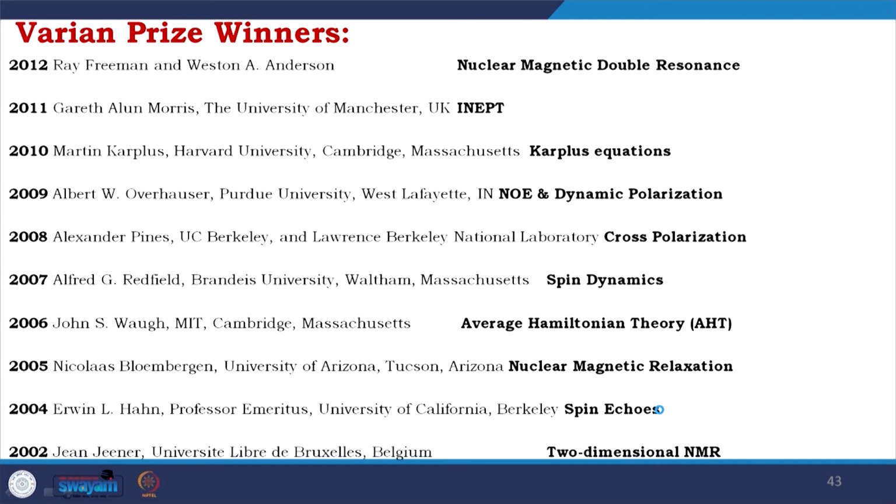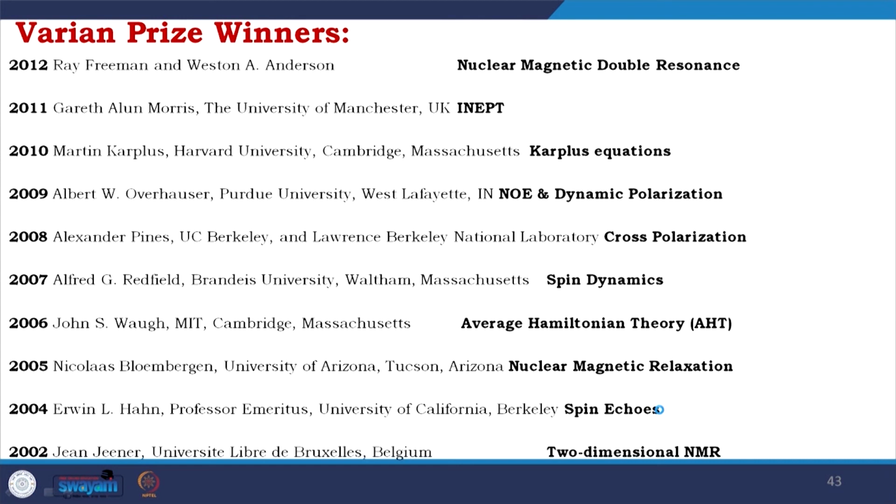2007, Alfred Redfield from Brandeis University for spin dynamics. 2008, Alexander Pines from UC Berkeley and Lawrence Berkeley National Laboratory for cross polarization. Albert Overhauser from Purdue University for NOE and dynamic polarization.